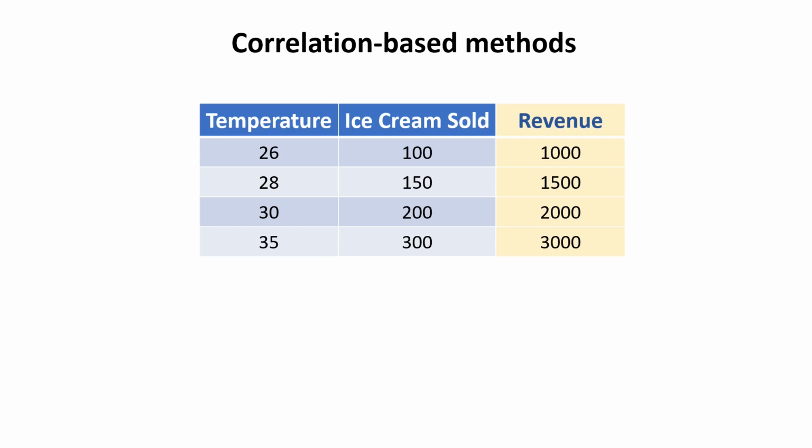While we are talking about temperature and ice cream, we should also consider which of these two features is highly correlated with revenue. The one which is highly correlated with revenue, we should not be considering to remove, because that would have a great influence on the target feature. So the first stage is to find the correlation among the features, identify the pair of features which have correlation between them, and then see out of those two which one is strongly correlated with the target.